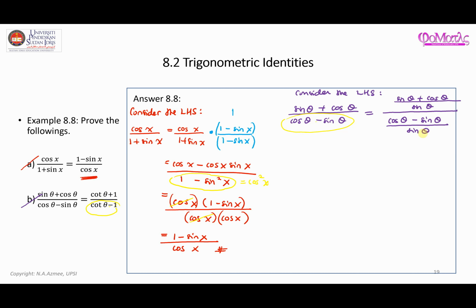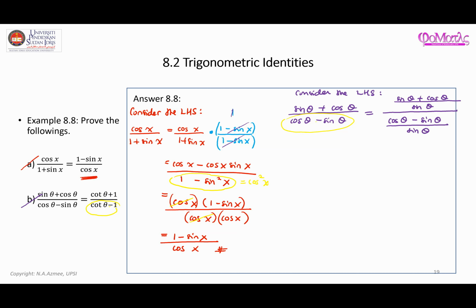When you introduce something on the bottom part, that something has to also be introduced on the top part. The same thing as before: you introduced 1 minus sine x in the bottom part, so you have to introduce the same term on top, so that this expression is like multiplying with 1, because when you cancel out it becomes 1. So we're doing the same manipulation here.